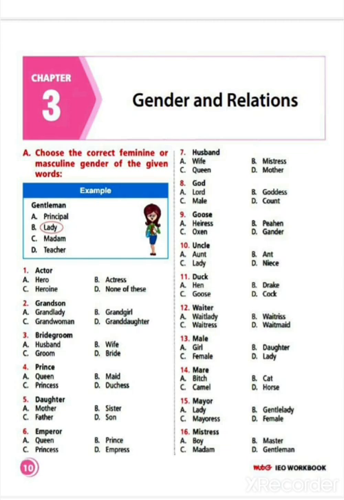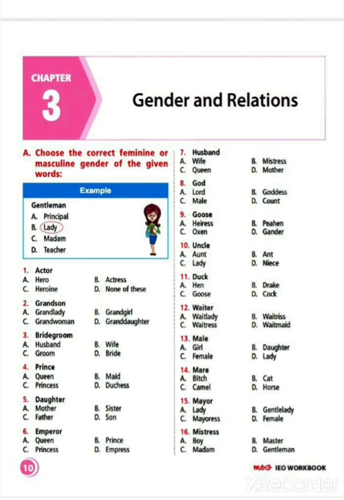Words are given, accordingly you have to decide whether they are masculine or feminine, and then the opposite of that gender you have to choose from the options. Like the first example here is gentleman. So gentleman belongs to the masculine gender category. So among the options we have to choose the word that is the opposite gender. So gentleman is masculine, so the opposite will be feminine gender.